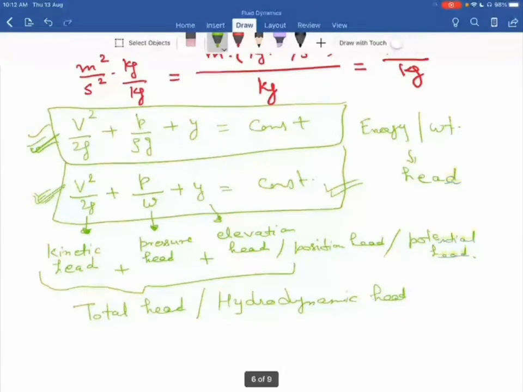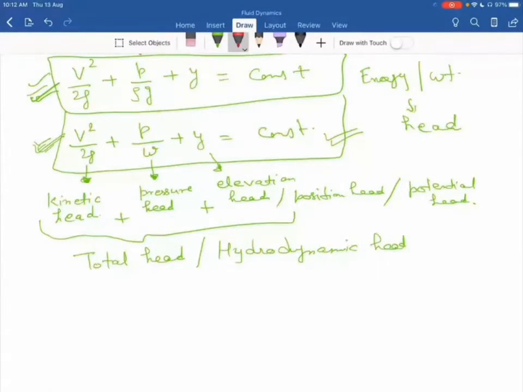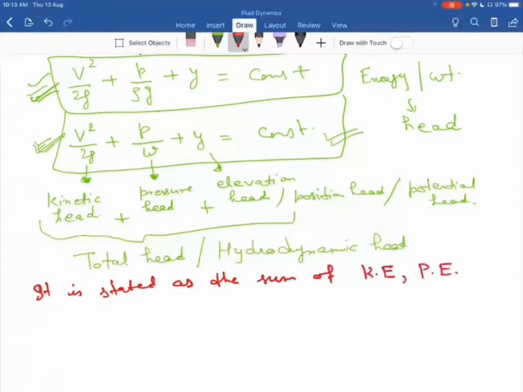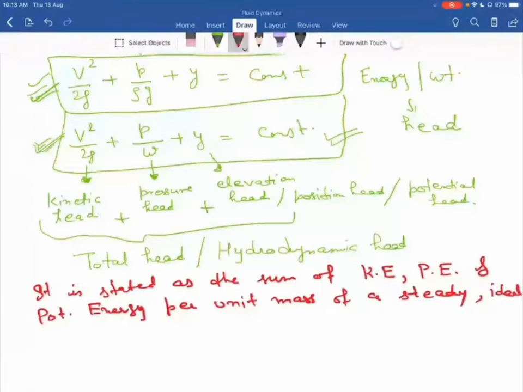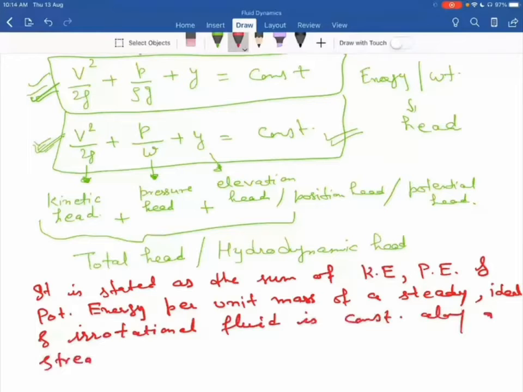It can be stated as: the sum of kinetic energy, pressure energy and potential energy per unit mass of a steady, ideal and irrotational fluid is constant along a streamline or at a point. So this is the statement of Bernoulli's theorem.